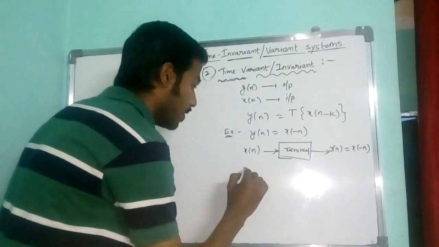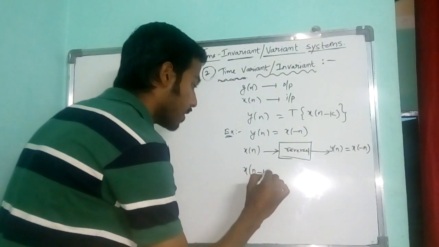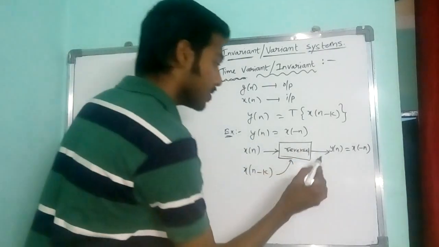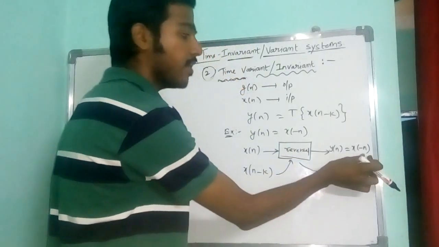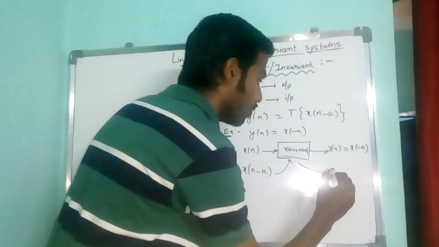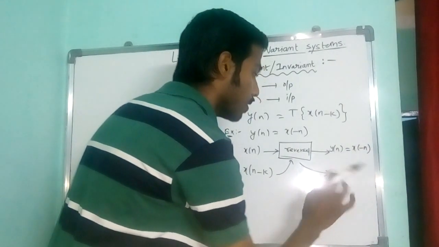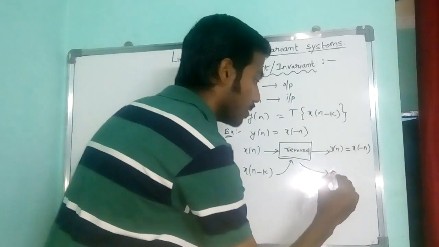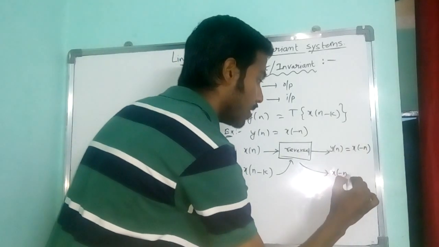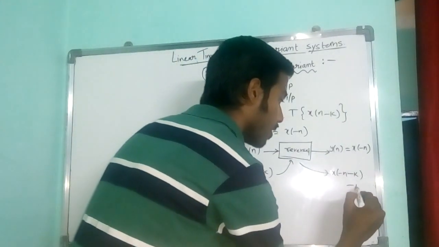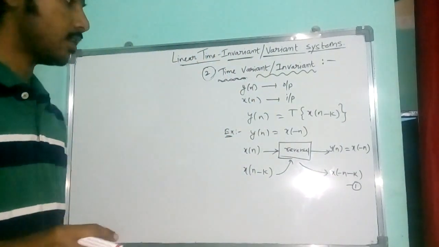Now we will shift the signal by k time units. Already we have x of minus n, so here we get x of minus n minus k. Let this be the first equation.